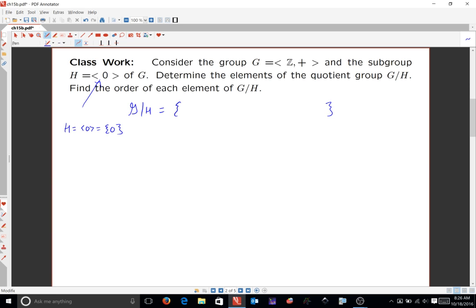Well, as long as you can identify what they all are. It says determine the elements of the given group, find the order of each element. Yeah, the order of H is 1. Right. But what is the order of all the rest of them?